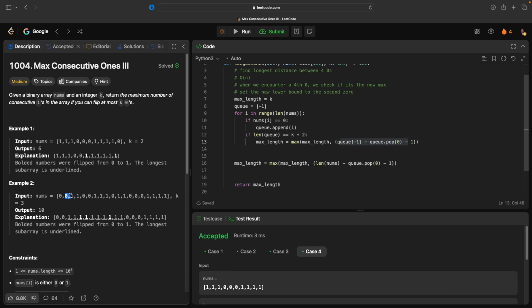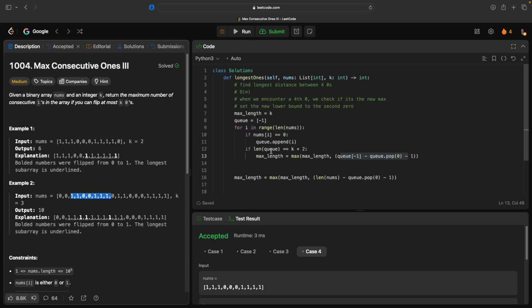We are just lopping off that first 0, and now we're back to 3 zeros. And we work our way until we see our fourth 0. And so we know that it's these right here, and you can see that because we fill in these zeros right here. So it's basically the two enveloping zeros around the streak of ones where you flipped two zeros within that range.